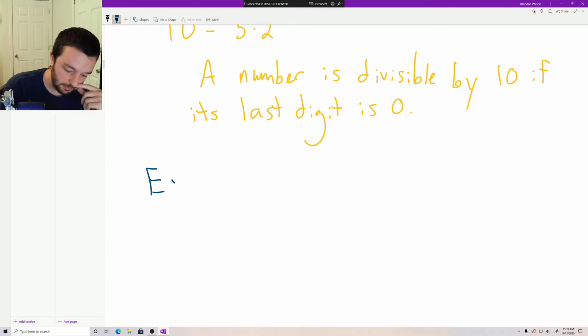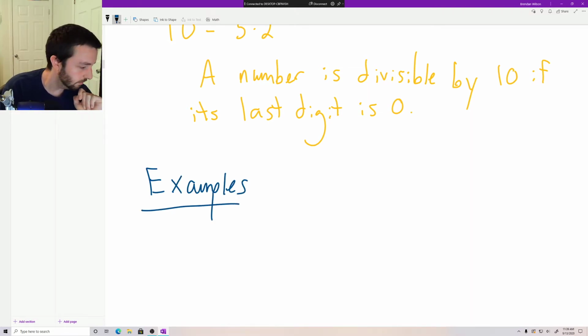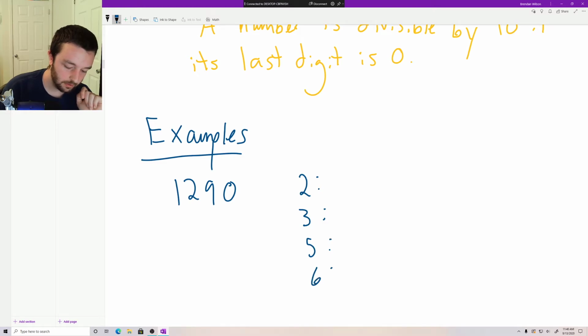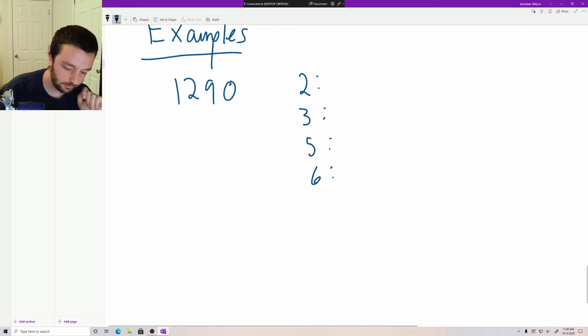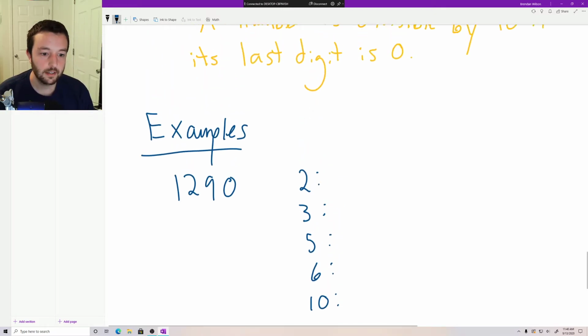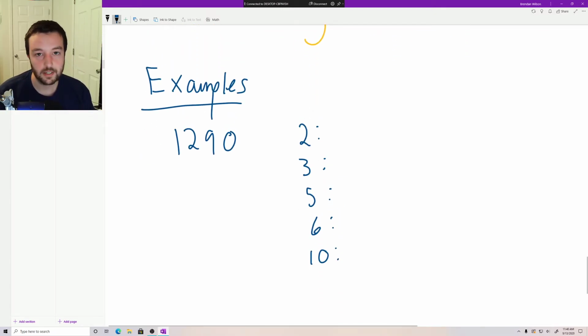All right, so some examples here. The first one the book uses is 1290. So let's just go down our list. These are the ones we learned: 2, 3, 5, 6, and 10. So let's test whether or not 1290 is divisible by all of these.